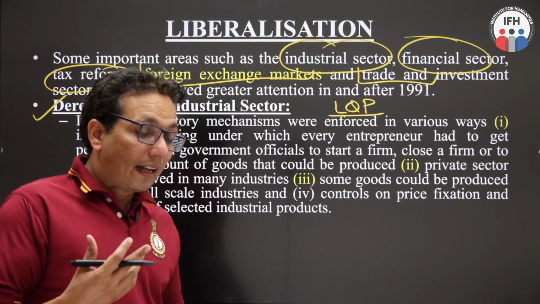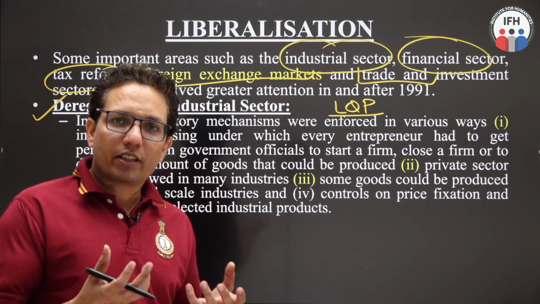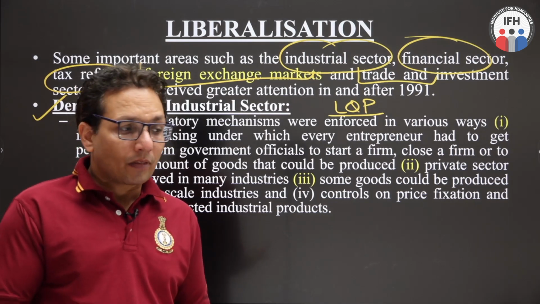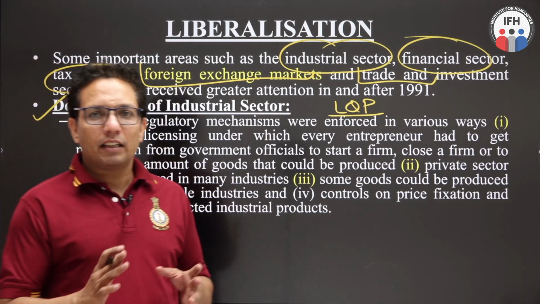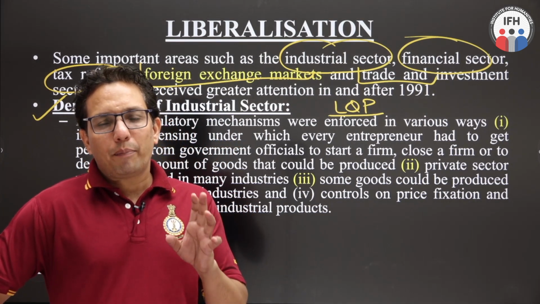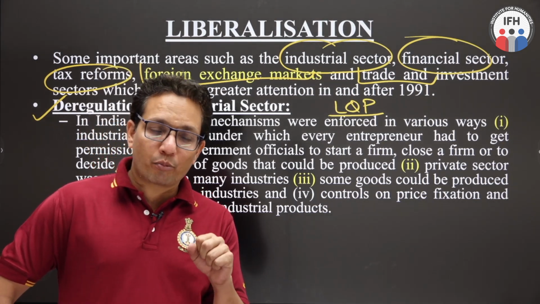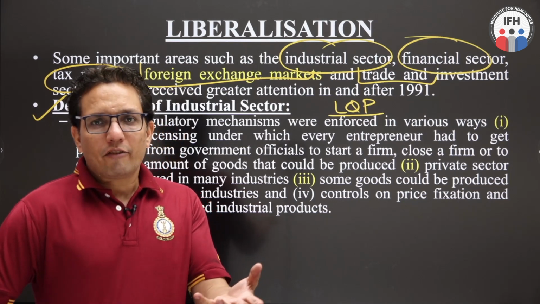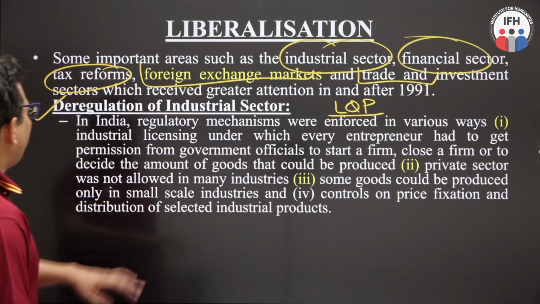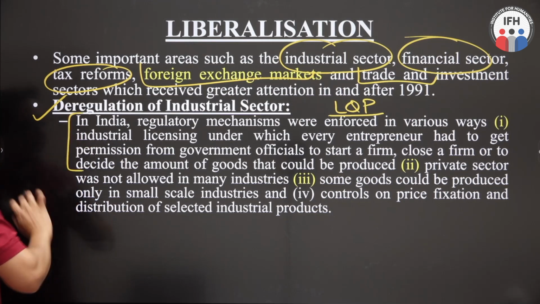This license was given easily in backward areas, and with great difficulty in areas which had agglomeration effect, which already had industries. The intention was nice, but big industries, because of their financial advantage, were able to bribe government officials and get licenses, while new entrepreneurs were not. So the license, quota, permit Raj was one regulation hurting entrepreneurship.